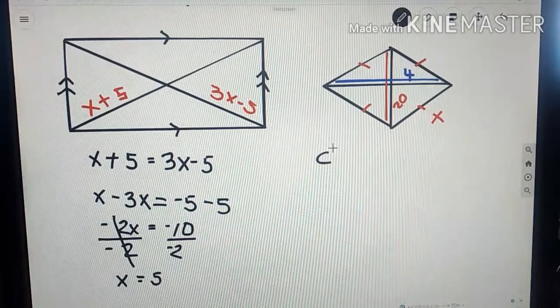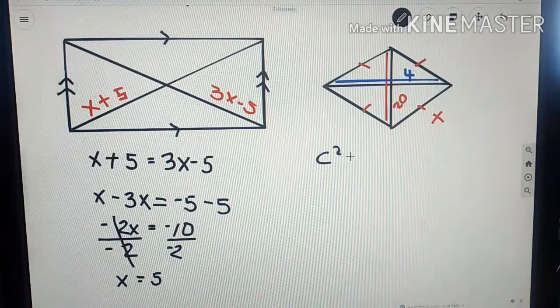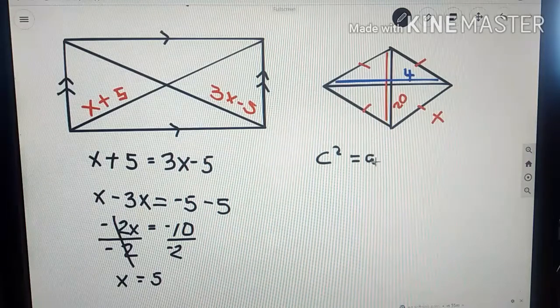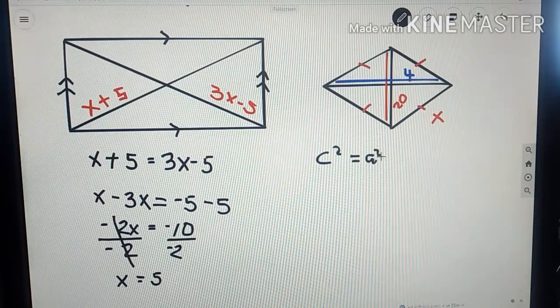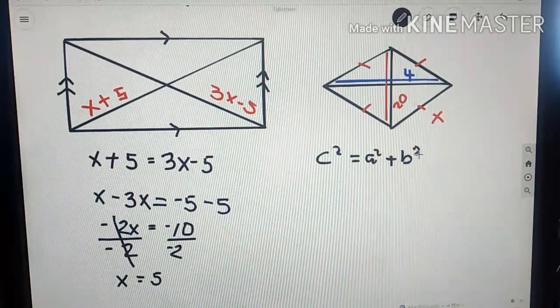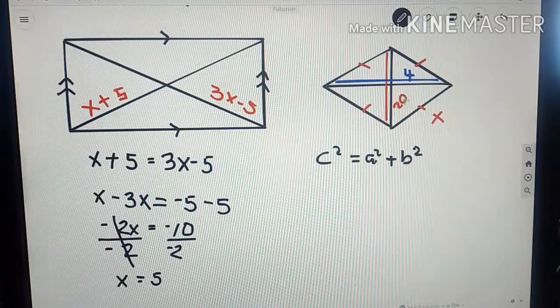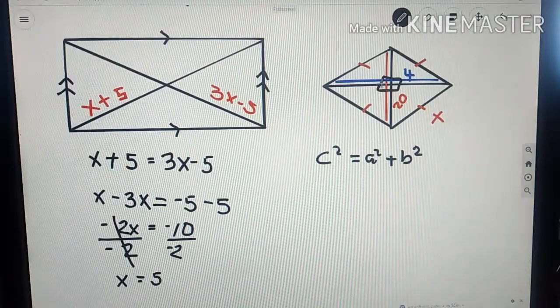It's c squared is equal to a squared plus b squared. There you go. So here, remember, they form a vertical line.